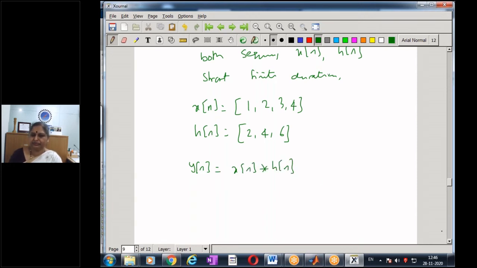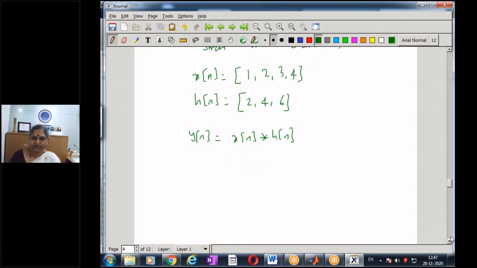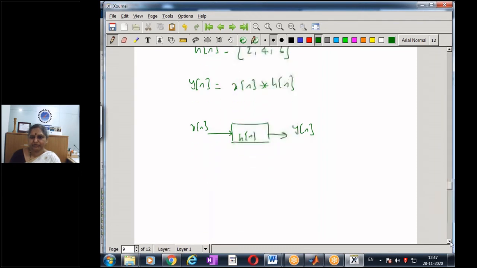So this becomes our requirement. We want to compute the output of the system. I have a system, my input is x of n, my system has a finite duration impulse response h of n, and I want to compute y of n. My aim is to compute it as a matrix multiplication.